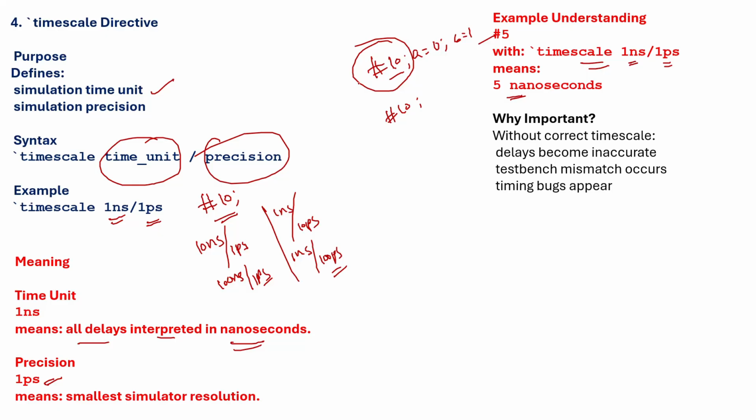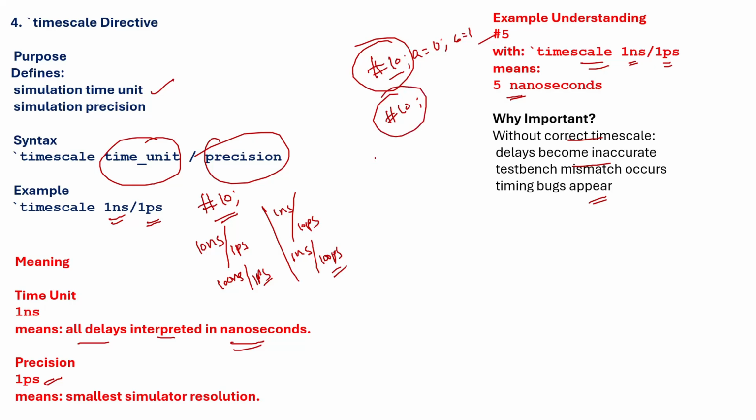Whenever you are not utilizing this timescale, your testbench bugs appear at different intervals of time. It will not follow a particular time. Without the correct timescale, delays become inaccurate, then testbench mismatches occur and timing bugs appear, so I don't know where it is executing exactly.